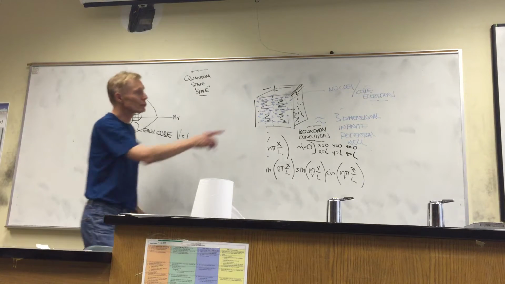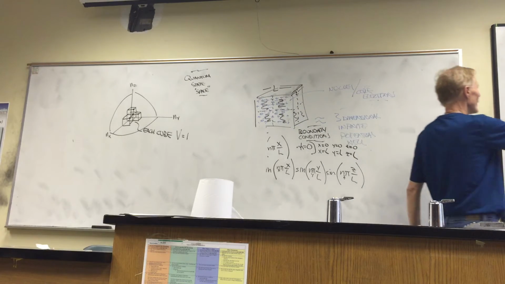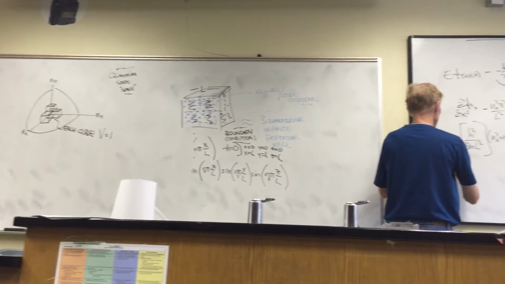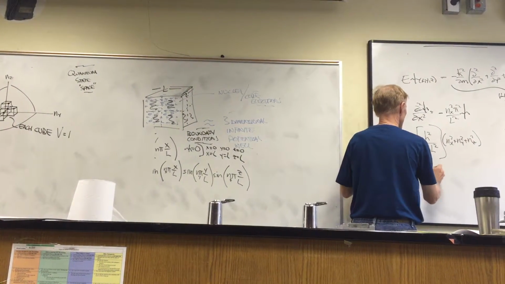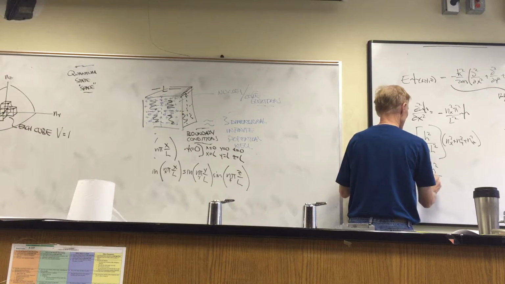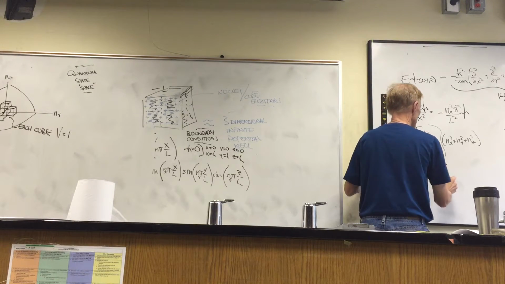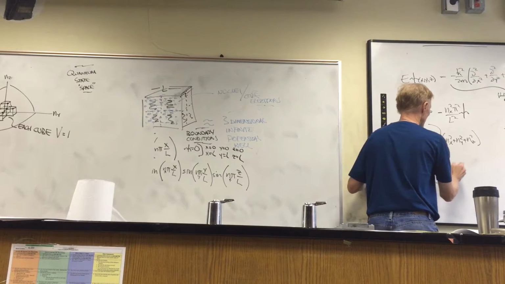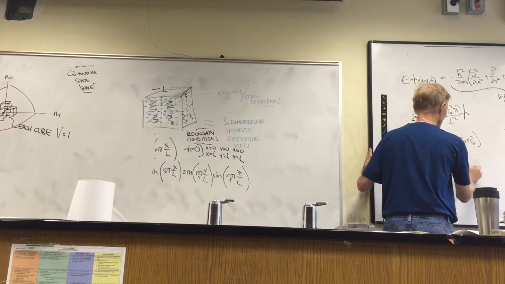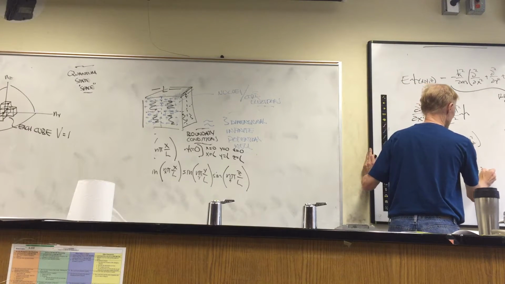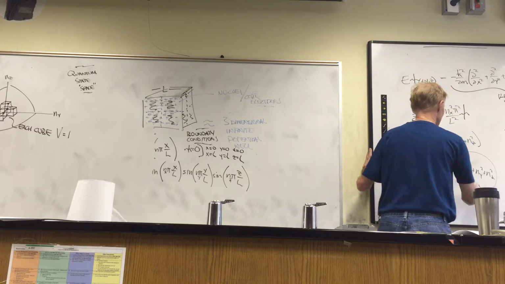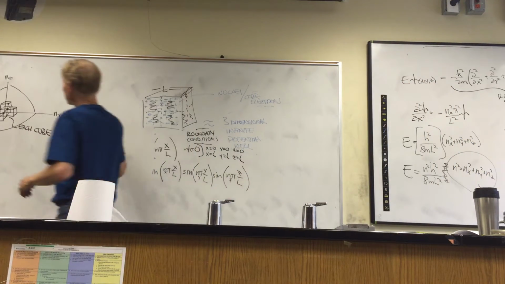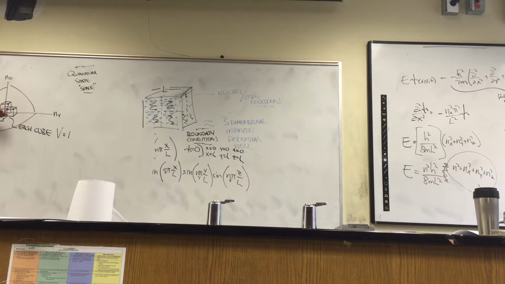What we can do is take this energy formula and say the energy could be written as n squared h squared over 8mL squared, where n squared is nx squared plus ny squared plus nz squared. So that says the way these quantum states get filled is we start with the ground state, which is right at the origin.